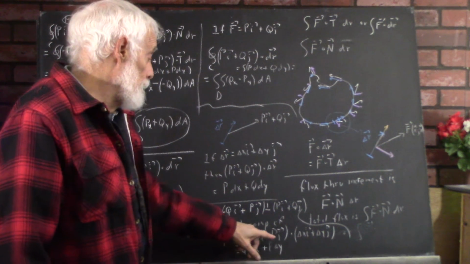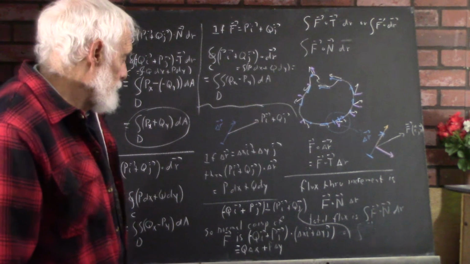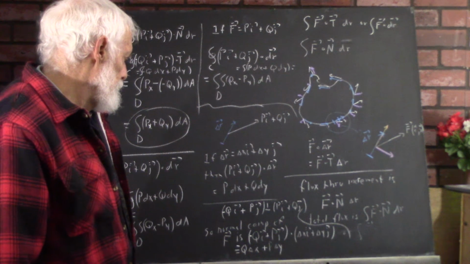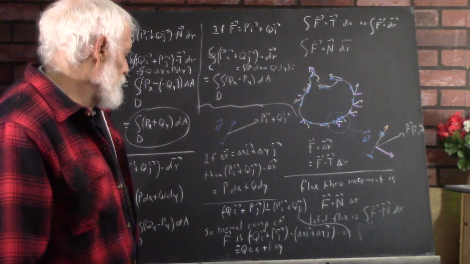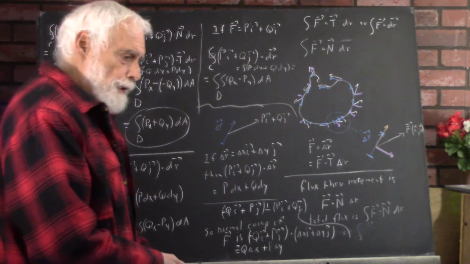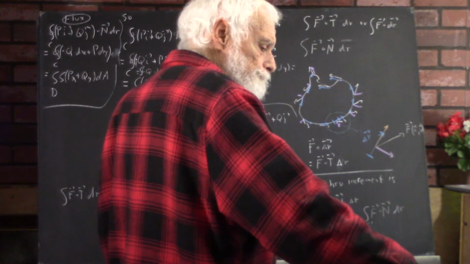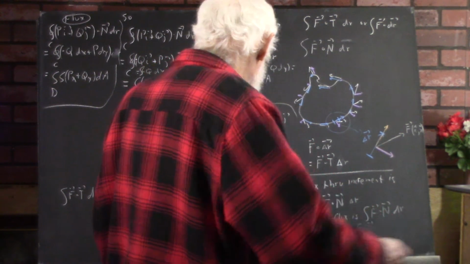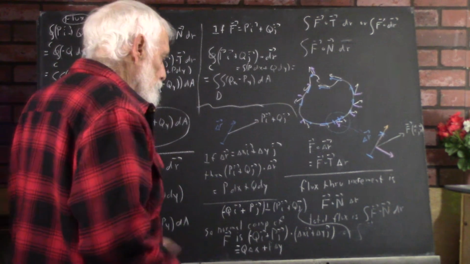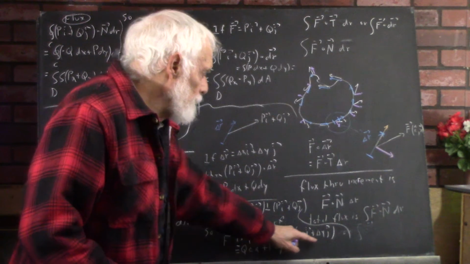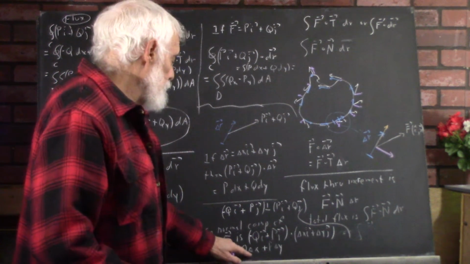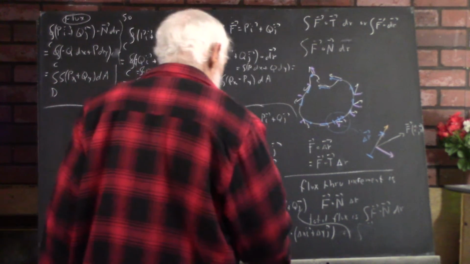It's going to be the negative Qi plus Pj. The contribution of the normal component would be this dotted with your delta r. And that would be negative Q dx plus P dy.